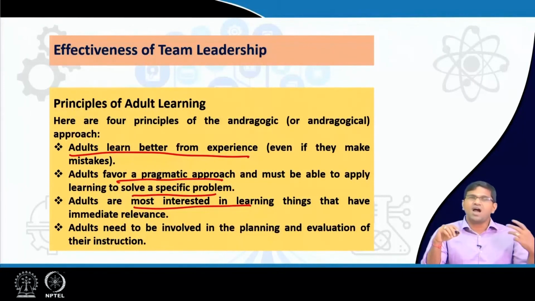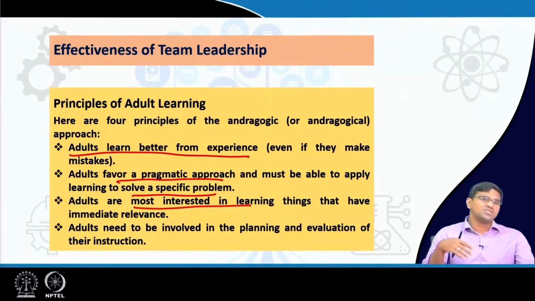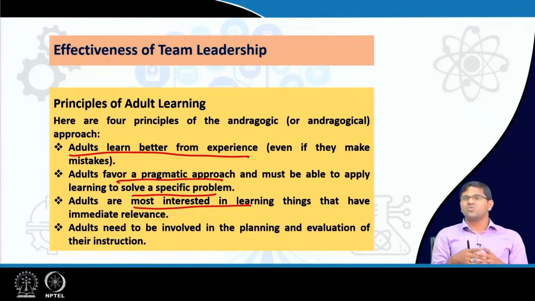Let's say you are asked to participate in a training where you don't see any possibility of using the learning in your current work role. I feel disconnected from the training program and will not be motivated, because adults always look for some relevance to what they are currently doing.